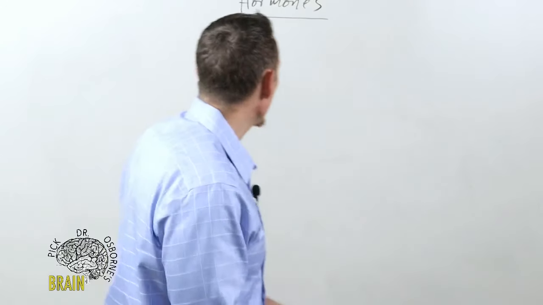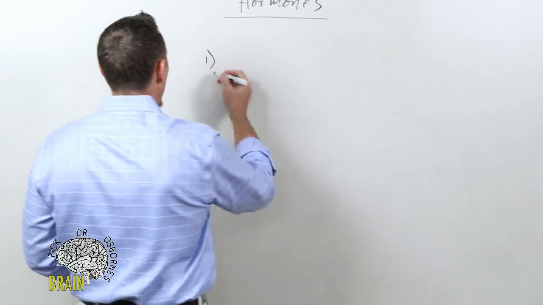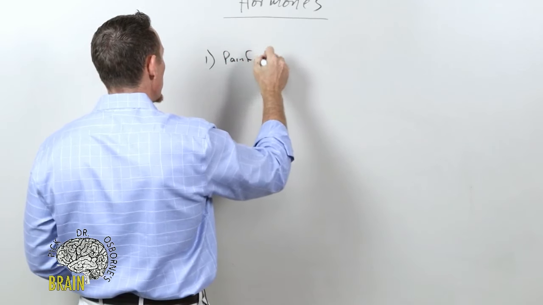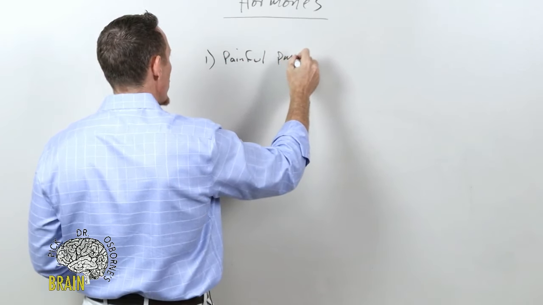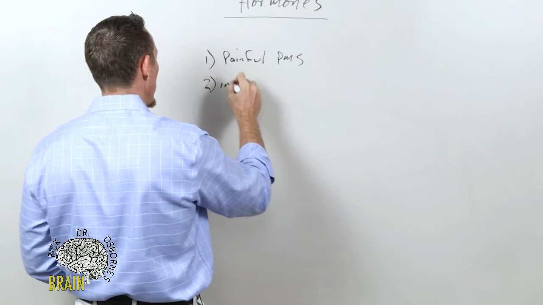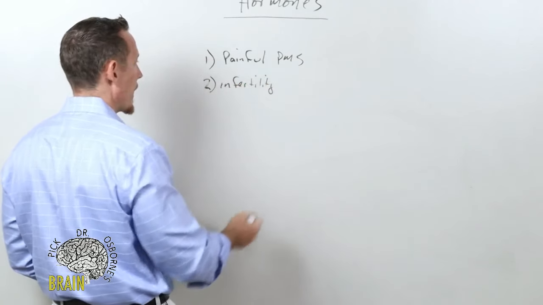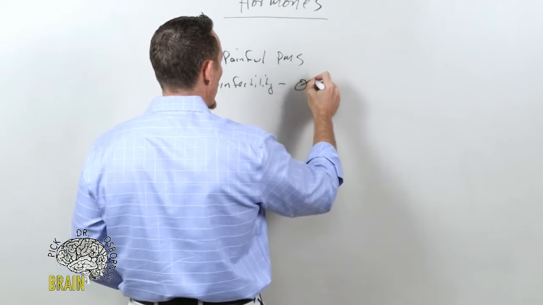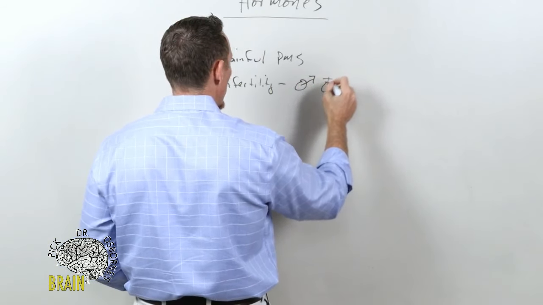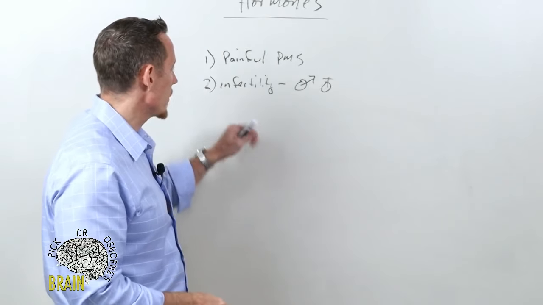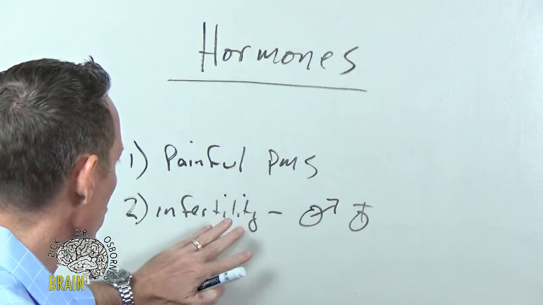Another symptom, infertility. This is a big one. Infertility is a very common symptom associated with hormone imbalance, and this could be male or female infertility. I've seen cases where the man and woman came to see me and it wasn't the woman.